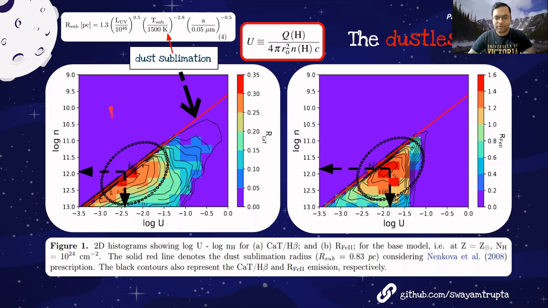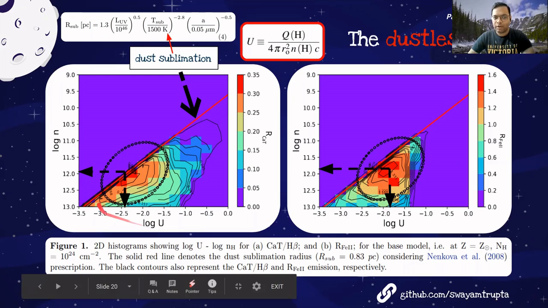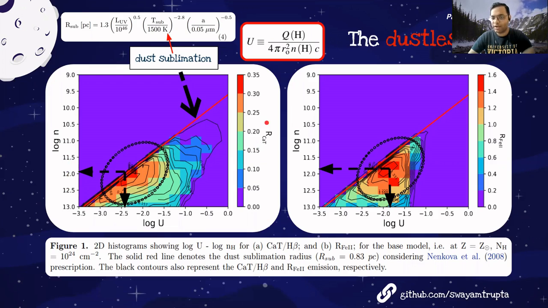On the left-hand side of this picture, we have a cutout of the log U and log n parameter space, which is color-coded by the ratio of the calcium triplet over H beta, which we call R_CaT, and a corresponding diagram on the right is given for R_FeII, which is the iron emission over H beta.